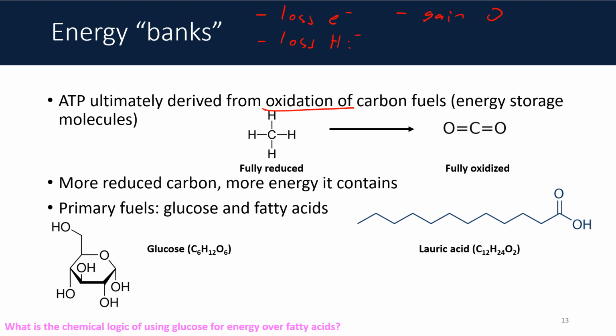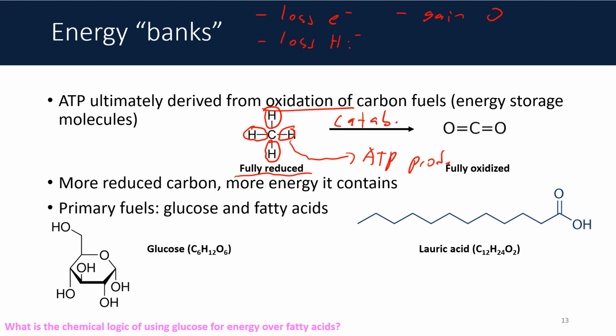Let's use methane as a simple example of a fully reduced, quote unquote, food molecule. As we catabolize it, what we do is extract out these hydride units, and we will use them to fuel ATP production. To remove those hydrides, the organism will replace them essentially with oxygen.